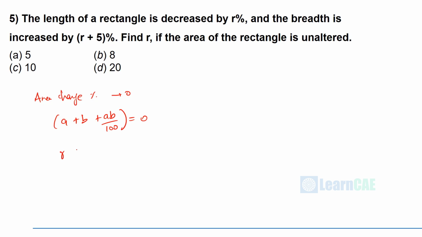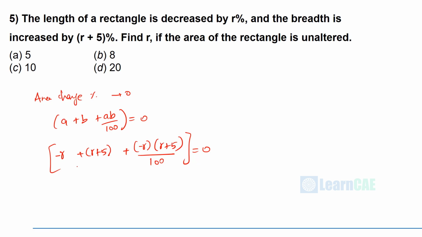So we shall solve this. Length is decreased by r% and breadth is increased by r plus 5%. It means the percentage change is 0.